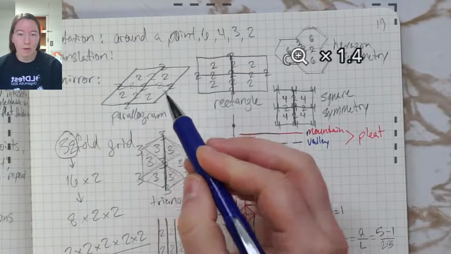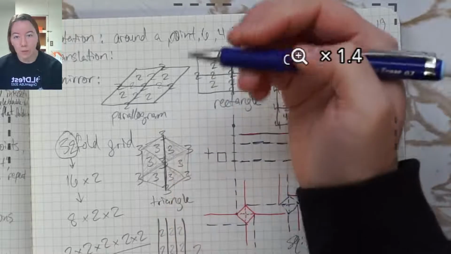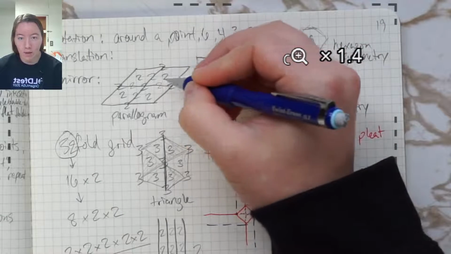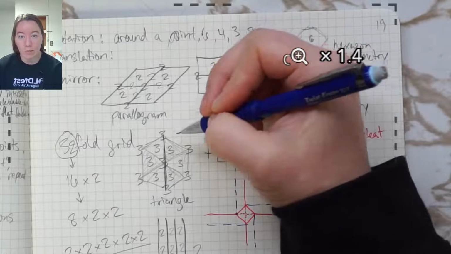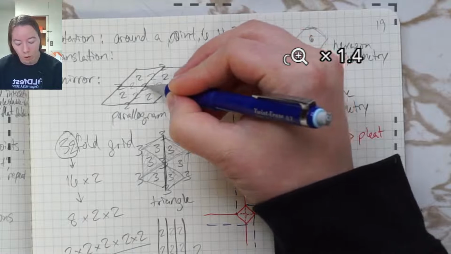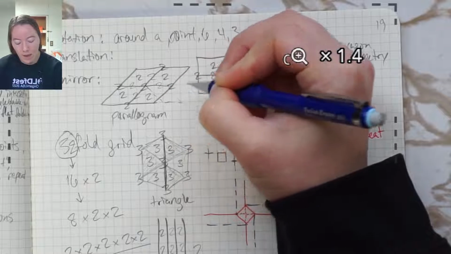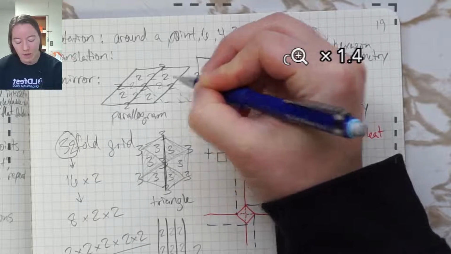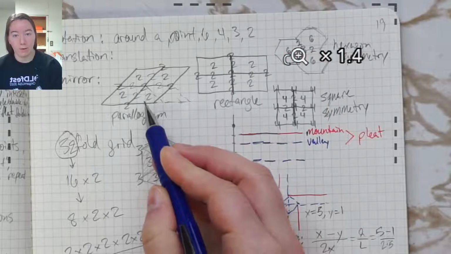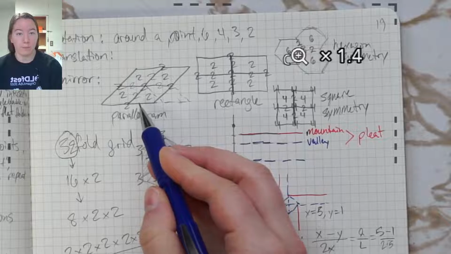We can't have it for parallelograms because this parallelogram, if it was mirrored over the horizontal line, would end up down here. And that does not match with the parallelogram in place.